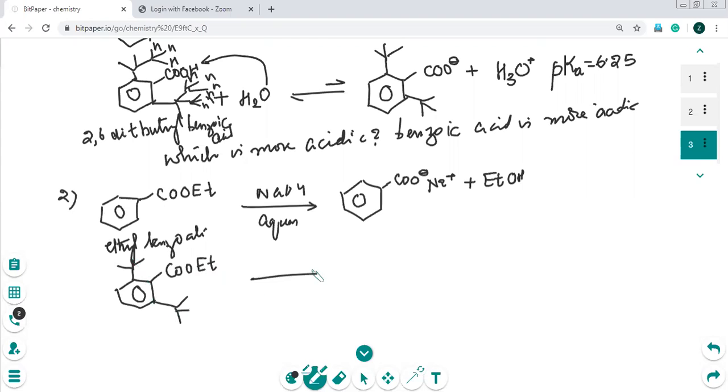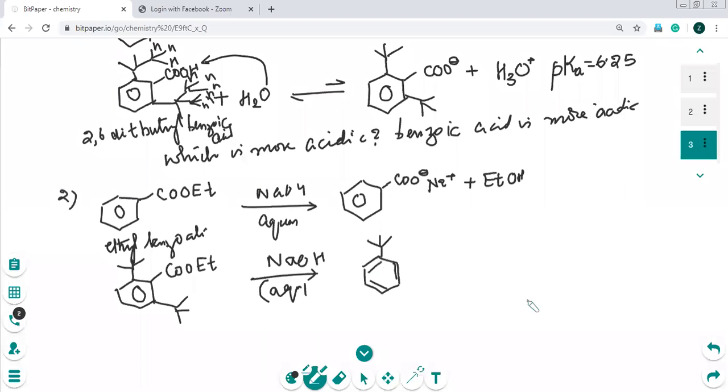Now, if you react this with sodium hydroxide in aqueous medium, in water, that's the meaning of aqueous medium, you will get nothing. You will not get anything.